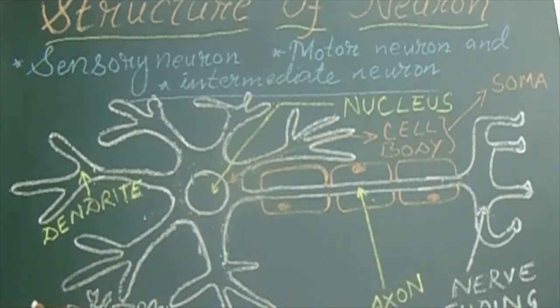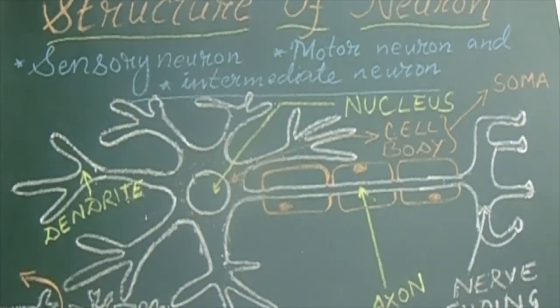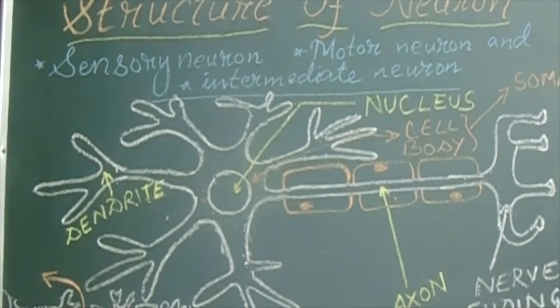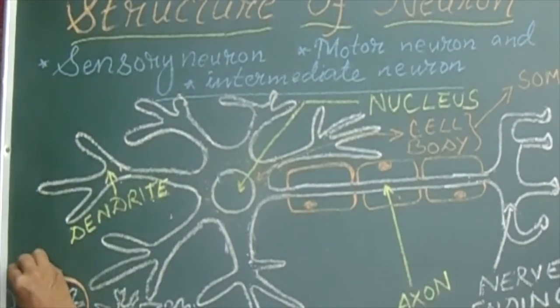Just imagine this is the axon terminal of another neuron. Now there is a space between these two neurons, between the nerve ending and the dendritic tip. This empty space between the nerve ending of one neuron and the dendritic tip of another neuron, we call it as synapse.